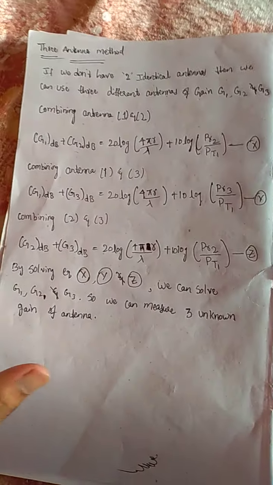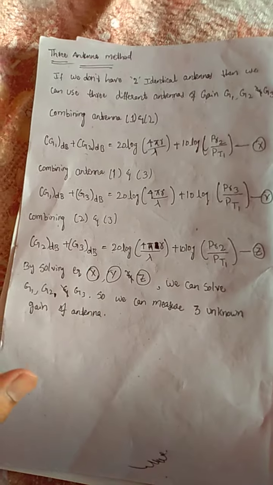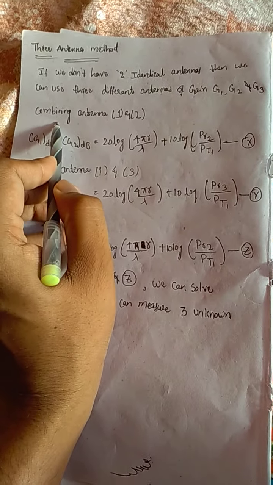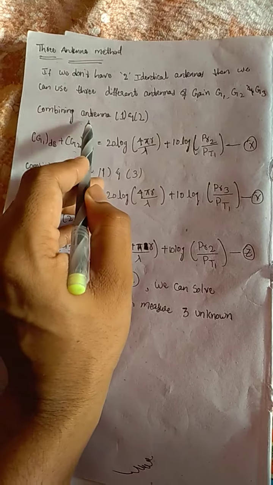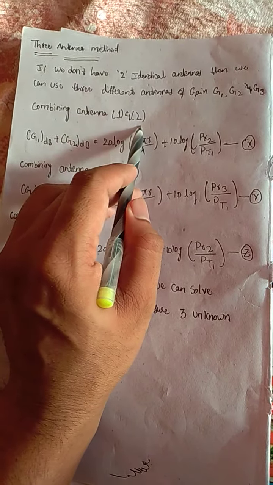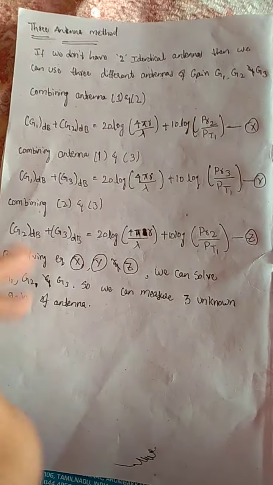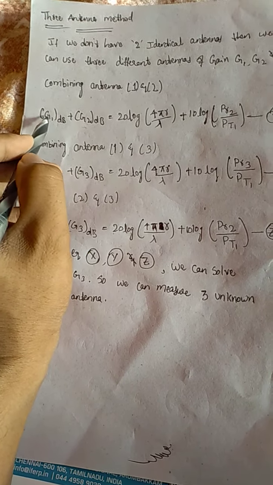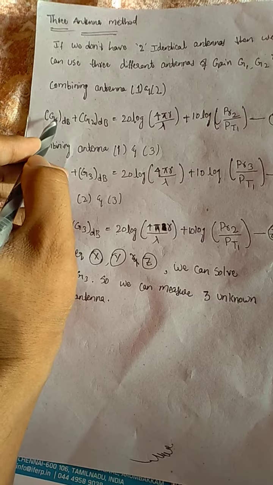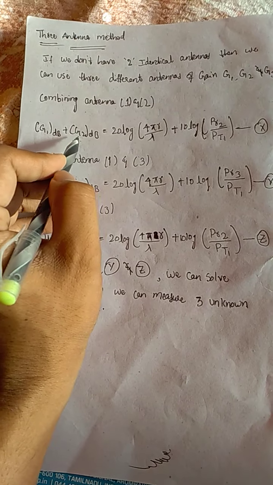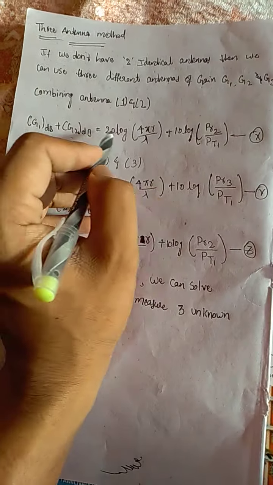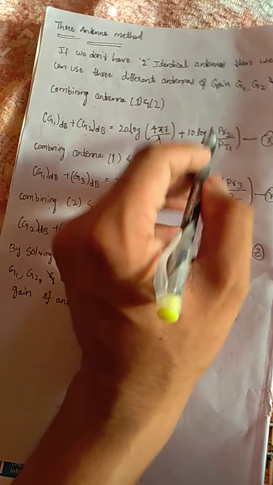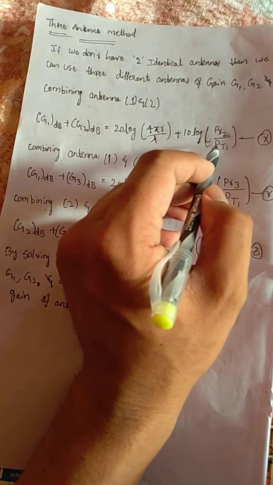Here we combine two antennas at a time. At first we combine antennas 1 and 2. We can write it as G1, the gain of the first antenna in dB, plus G2, the gain of the second antenna in dB, equals 20 log 4 pi r by lambda plus 10 log PR2 by PT1.